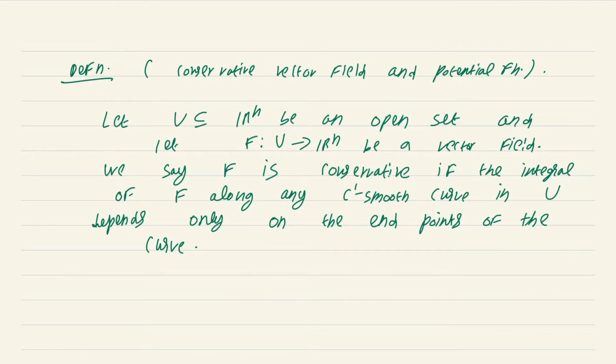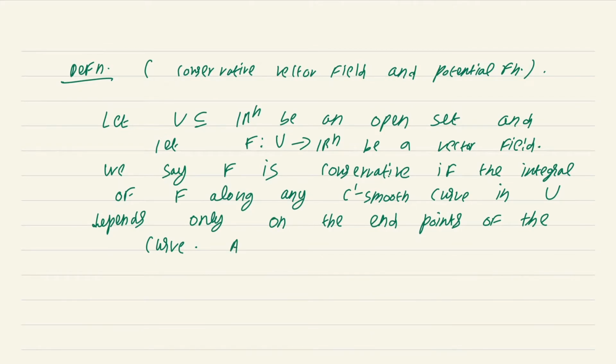So a vector field is said to be a conservative vector field if you take two curves starting and ending at the same points. The integral of this vector field along both the curves will give rise to the same exact value.